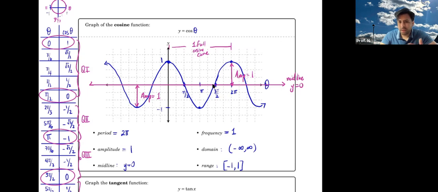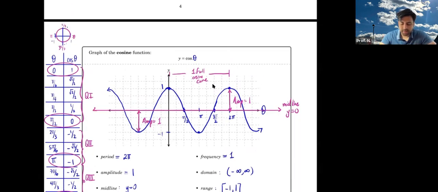So this is when we're going to add to the mix. But these are the parent functions that we start with. We have to base our future endeavors with trigonometric functions upon these two foundational graphs. So we have to know what cosine looks like as a parent function, just cosine of the angle, and sine.